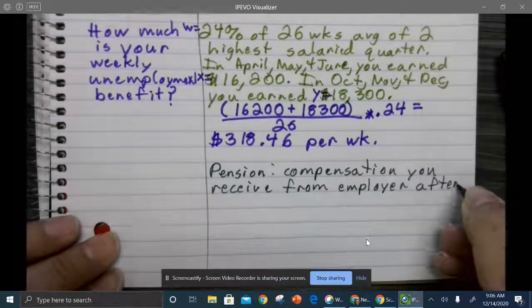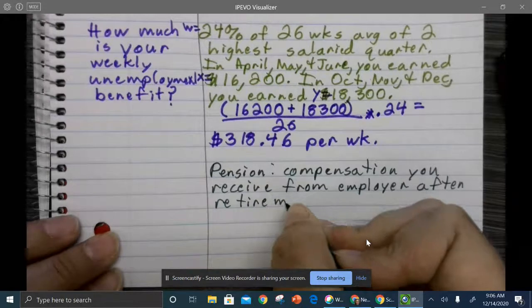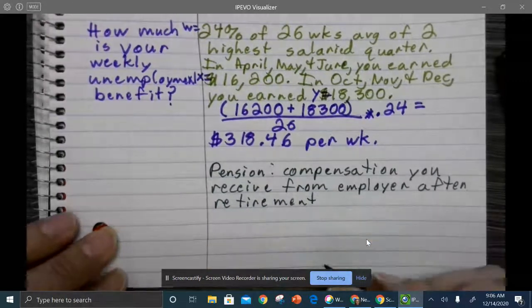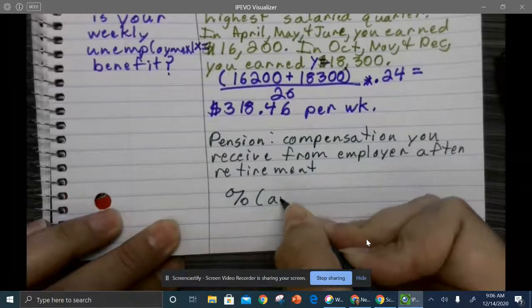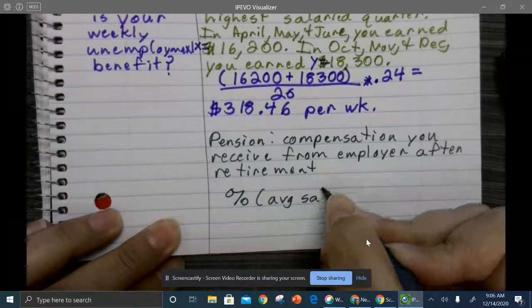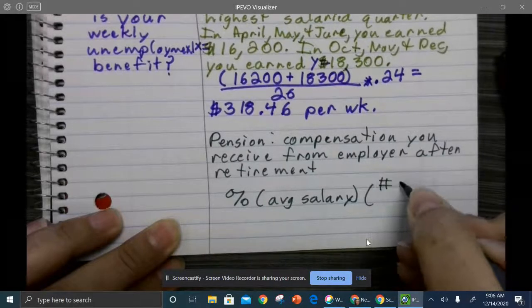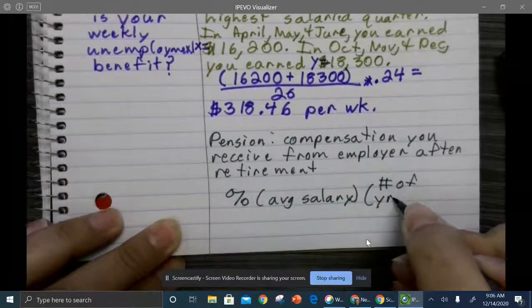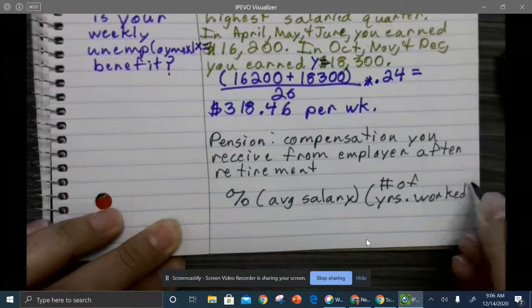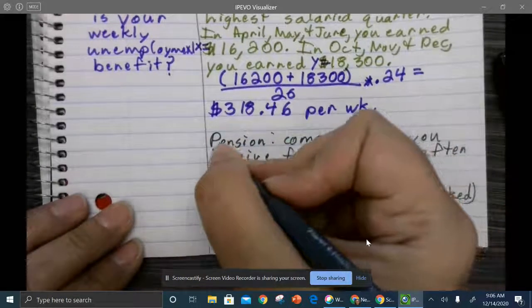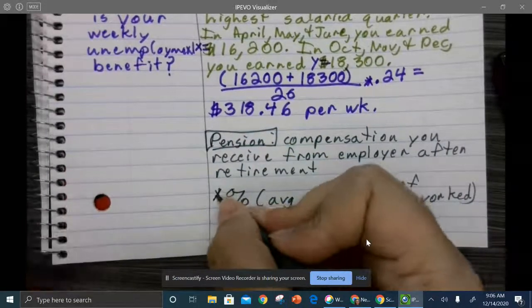Like for example, for the military, it depends. They actually do 20 years and then you can get a pension. Okay, so everybody, it's the percent times your average salary times the number of years worked. Okay, and everybody, that's for a pension. So this is the formula that we're going to use.